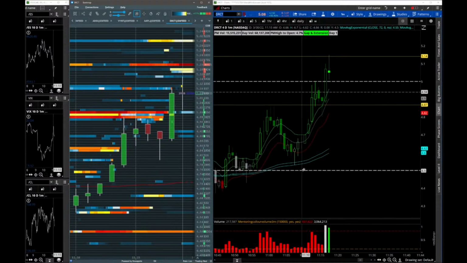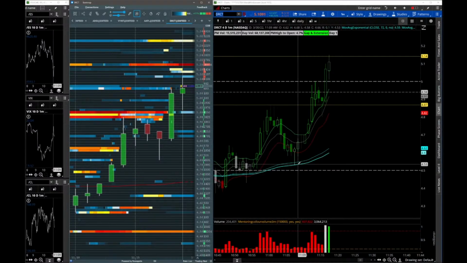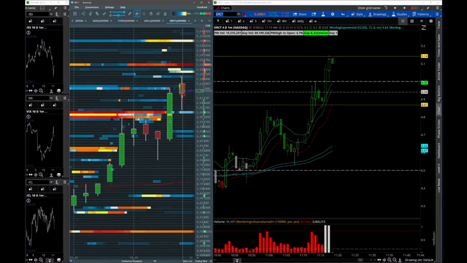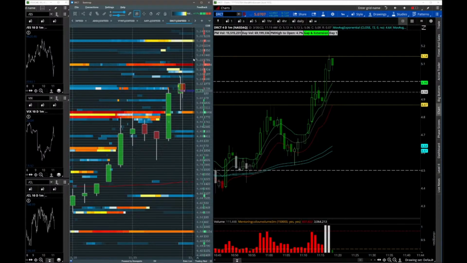I actually missed this morning this J lines, perfect over here for 5.0. So 5.15, 5.20 resistance. I believe we're gonna have a breakout on this one.